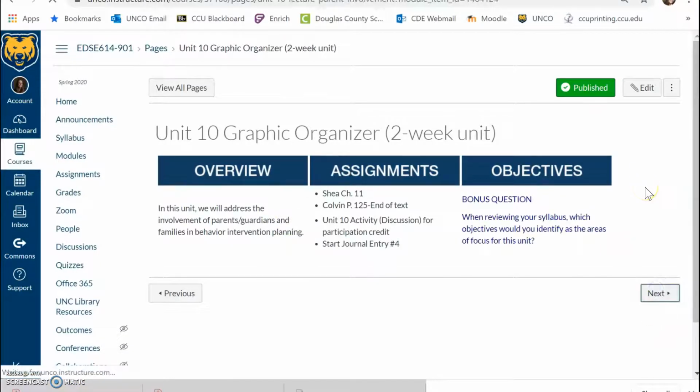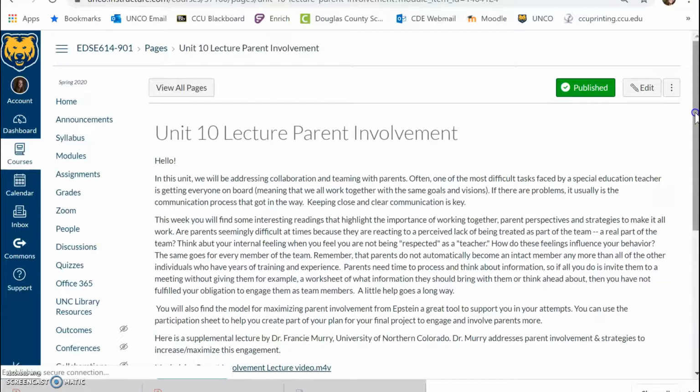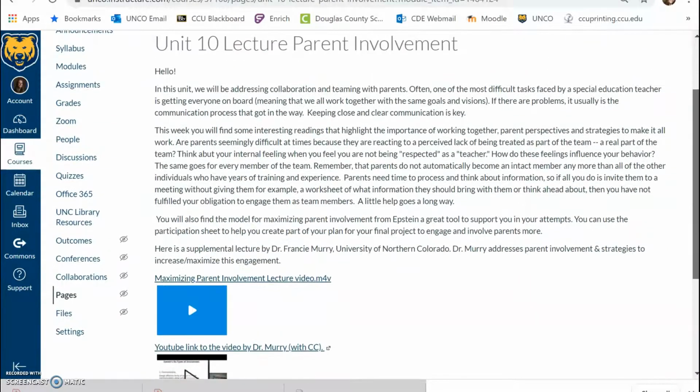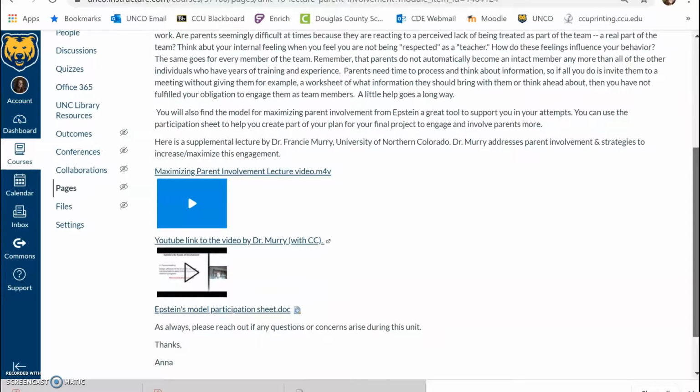So you'll see here that there is a written component regarding parent involvement. And when we use the word parent in this unit, please be aware this also refers to guardians.